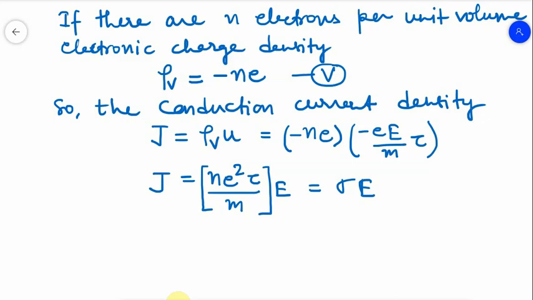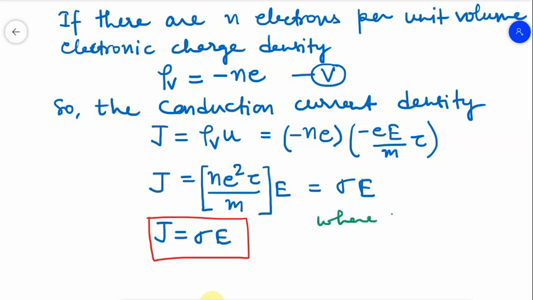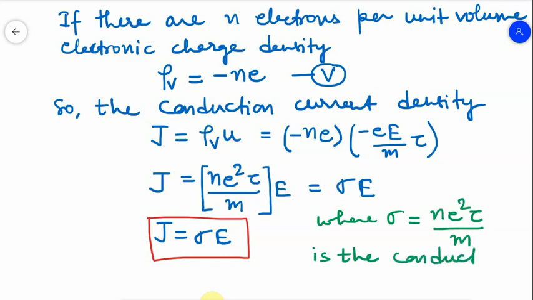J equals sigma into E, where sigma is n e square tau upon m.